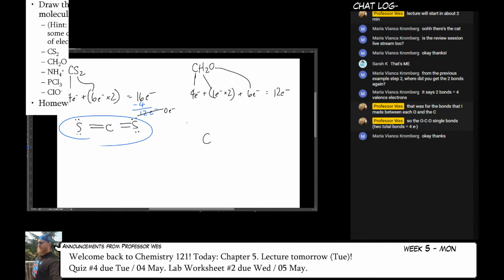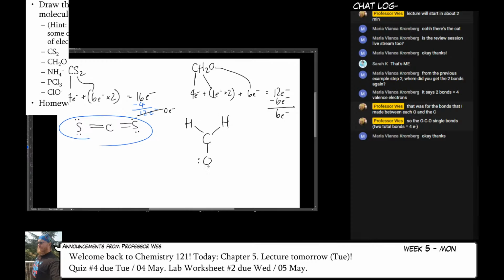And then we'll just do what I said. So H, H, O. Your O can go wherever you want to. It really doesn't matter. I'm going to connect everything together, and that took 6 electrons. Now I need to put the remaining 6 electrons around my outer atoms. Well, H doesn't get any more because H only gets 2 total.